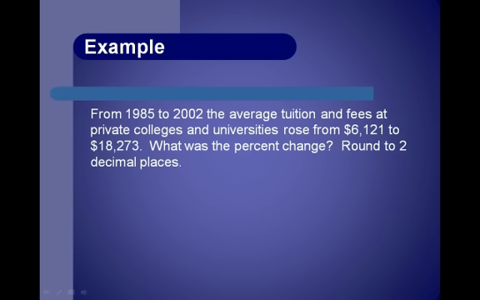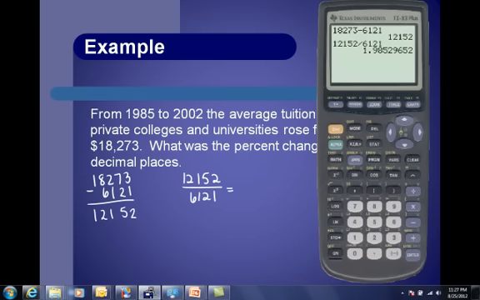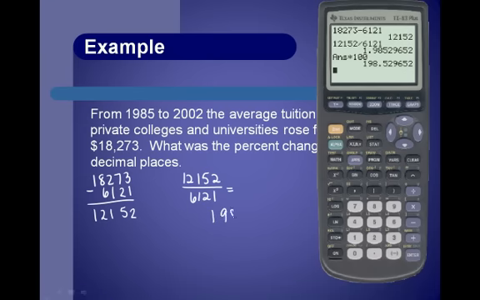Well, it's the amount of increase, which would be your second value, subtract your first value. So your amount of increase or decrease is $12,152 divided by the original, which was the $6,121, is 1.9852 times 100 to write it as a percent, which gives us 198.529652.